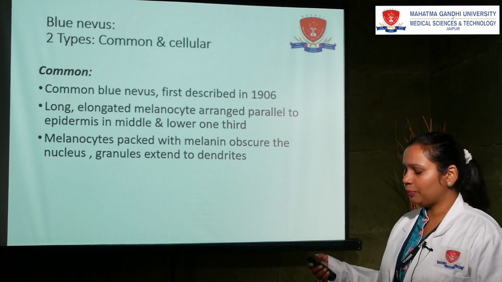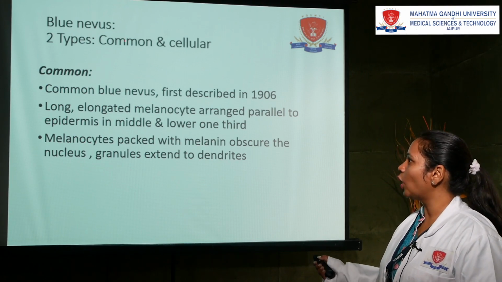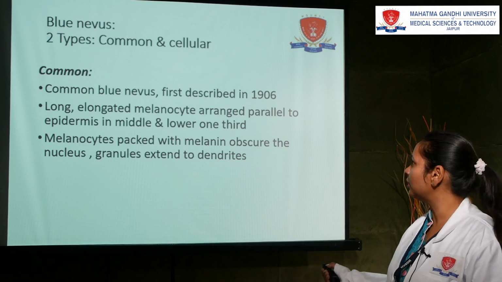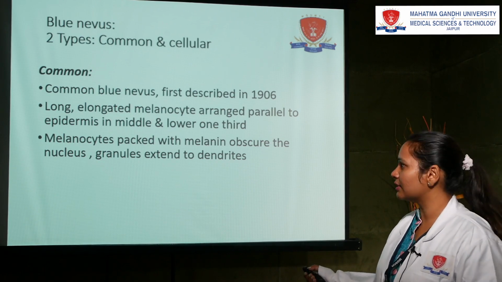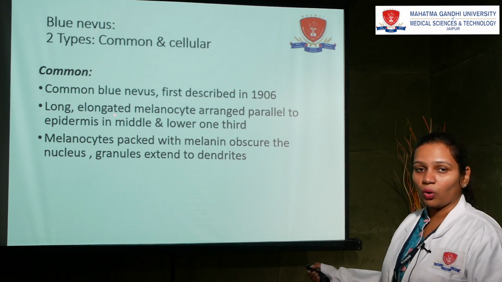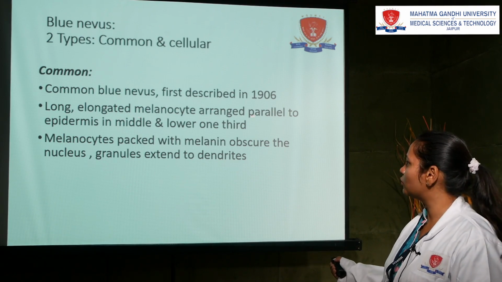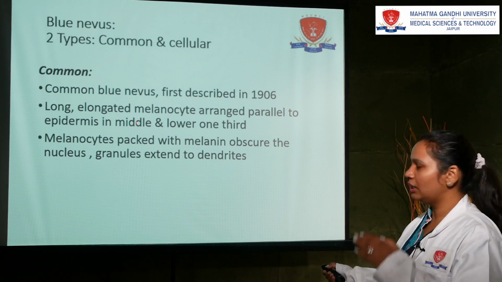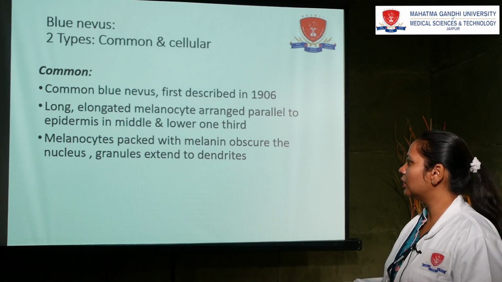These are of two types. The common blue nevus, first described in 1906, has long elongated melanocytes which are arranged parallel to the epidermis in the middle and lower third.